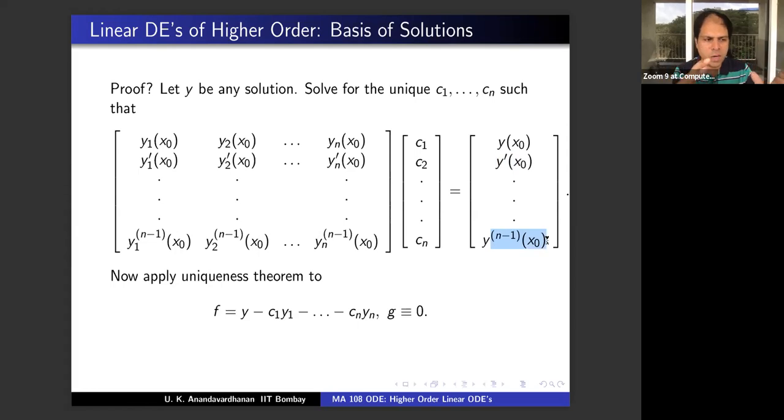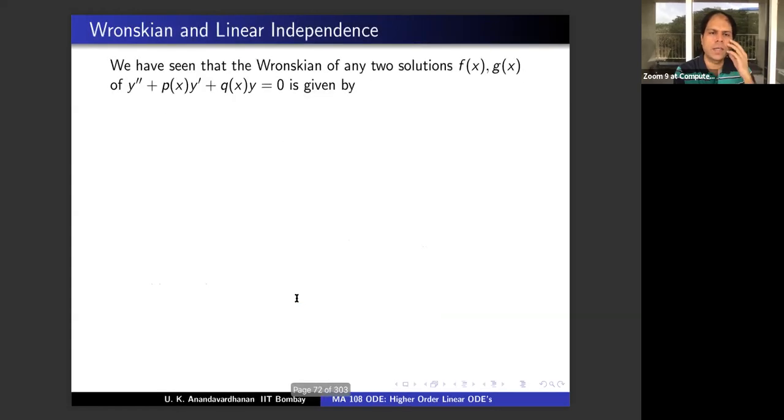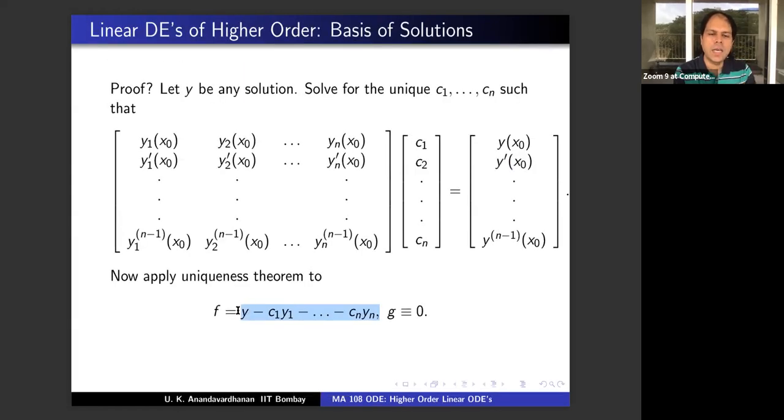If you consider the given differential equation together with this IVP, all these initial values, then identically 0 satisfies that, and this function satisfies that. That this function satisfies that is exactly this matrix system that is given to you. And therefore, by the uniqueness result, you will get this equal to 0, which means y is a linear combination of y1, etc., yn, which is what you wanted to prove.